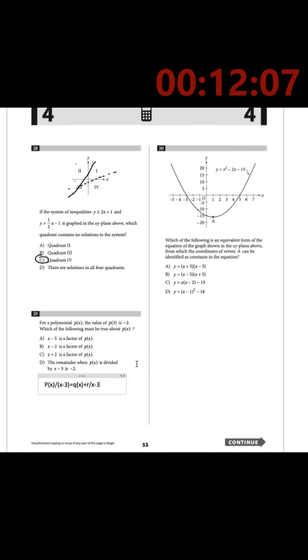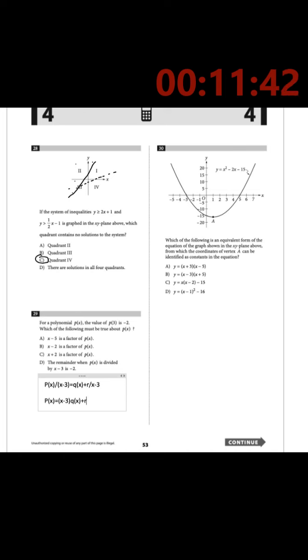Since x minus 3 is a degree 1 polynomial, the remainder must be a real number. So p(x) can also be written as p(x) equals (x minus 3) q(x) plus r, and r is a real number.